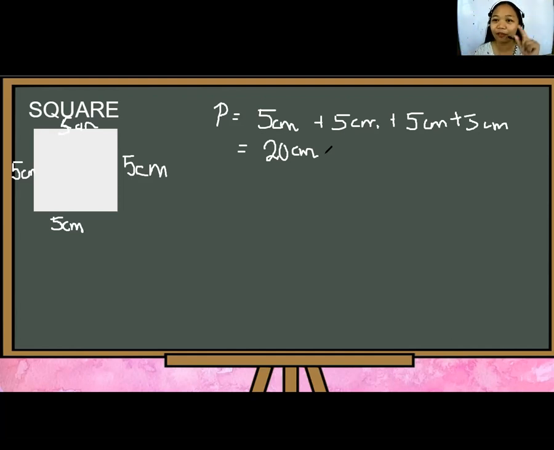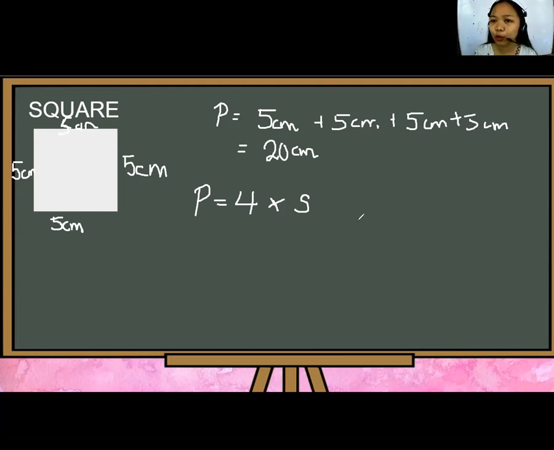Okay, great job. The formula in getting the perimeter of a square is equal to 4 times S, or 4S. The formula in getting the perimeter of a square is 4 times side because there are 4 equal sides. So para lang siyang 5 na sides na pinag-plus mo sa sarili niya ng 4 na beses.